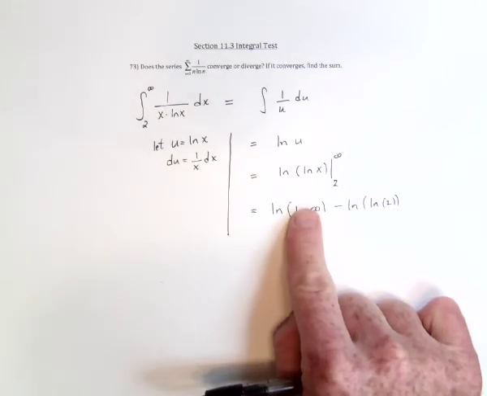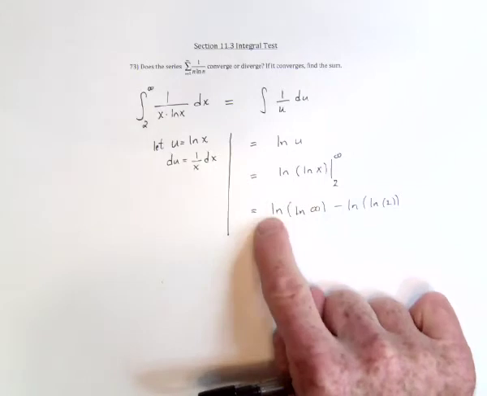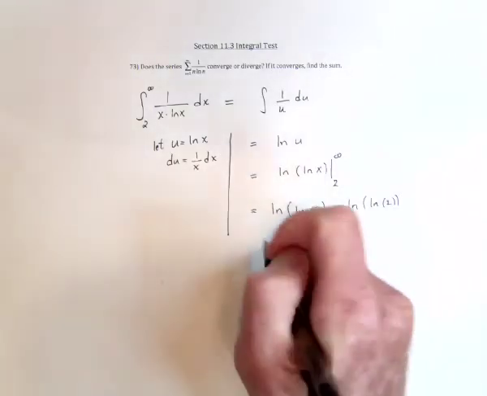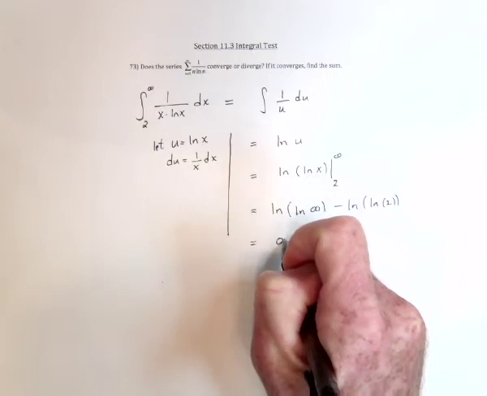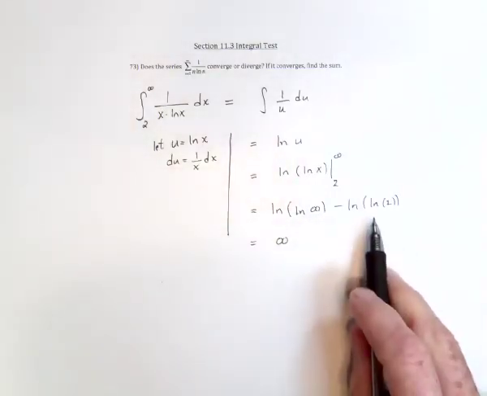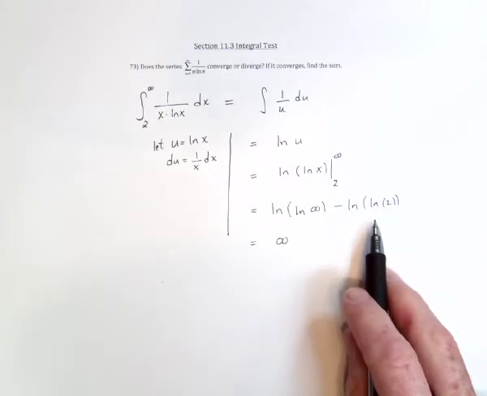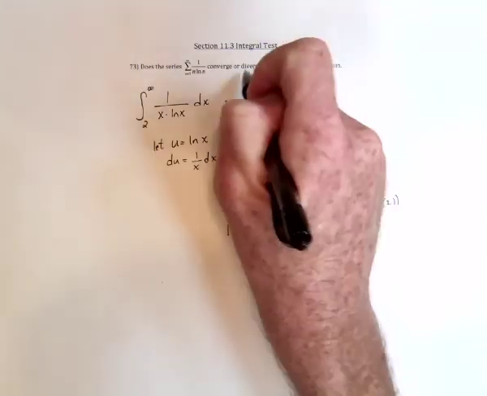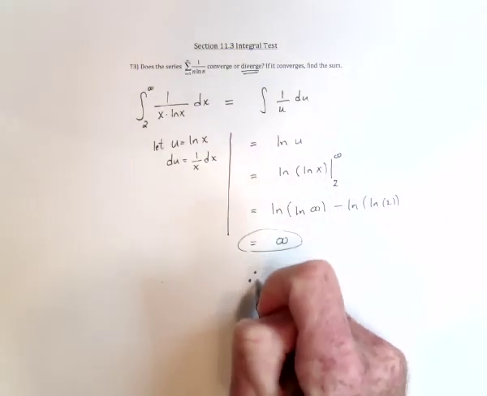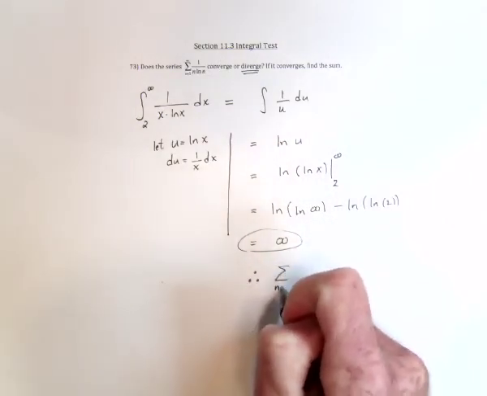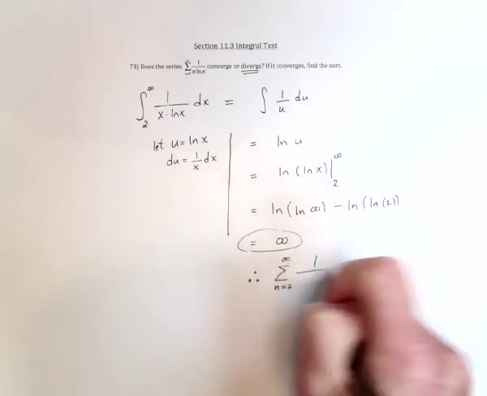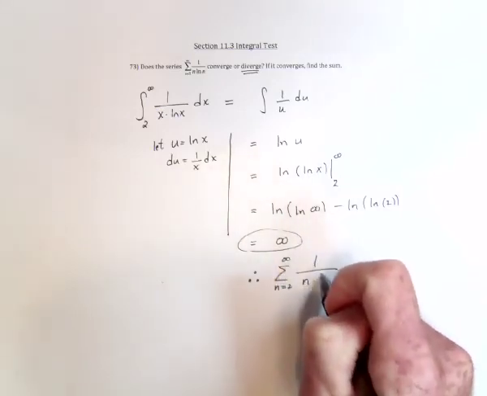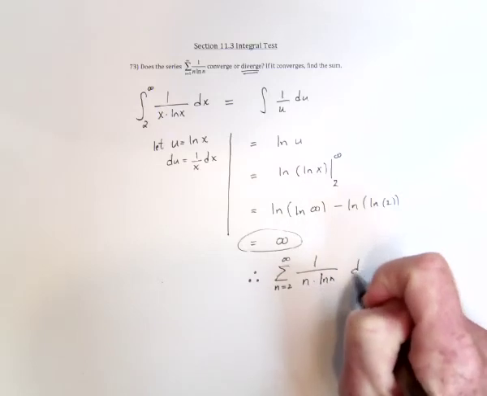So this part becomes natural log of infinity, which in itself is going to be infinity. Since this is just a finite number, some small decimal number, that's not going to change the infinity idea. And so it diverges. So this one diverges, therefore this one going from 2 to infinity diverges.